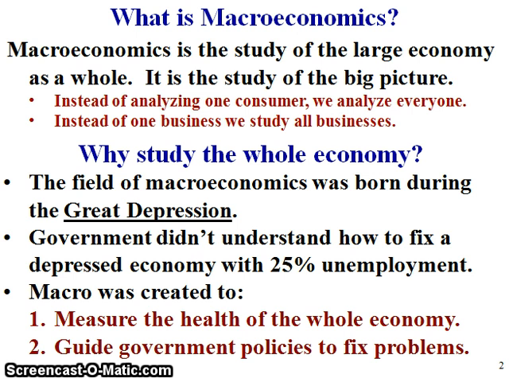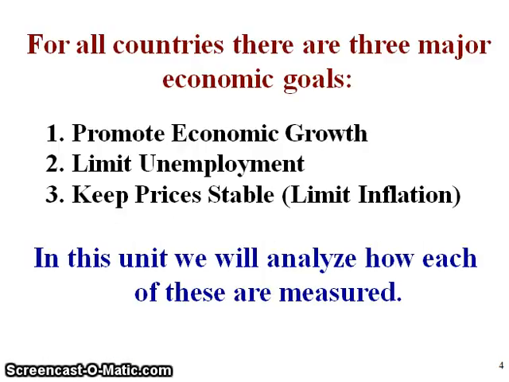All right, so macro is intended to measure the health of the whole economy and to help guide government policies to fix problems. There are three major economic goals. This goes for all modern day countries and economies, but in particular in the United States. We want to promote economic growth, and that's for the long term. Also limit unemployment, not to eliminate unemployment to 0%, but to help keep unemployment rates at what's called a natural rate of unemployment, which is around 4.5%.